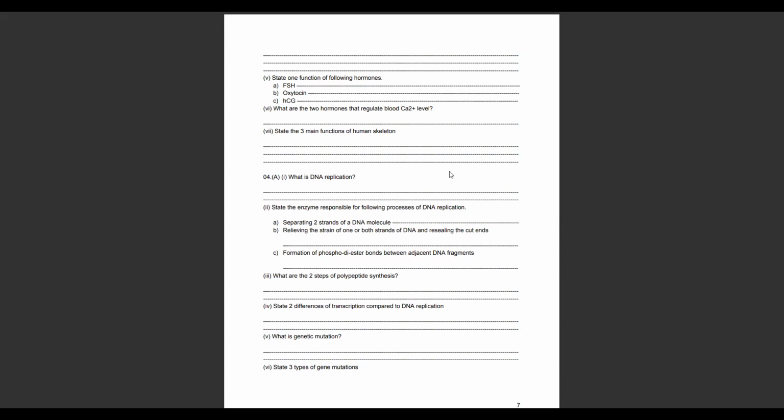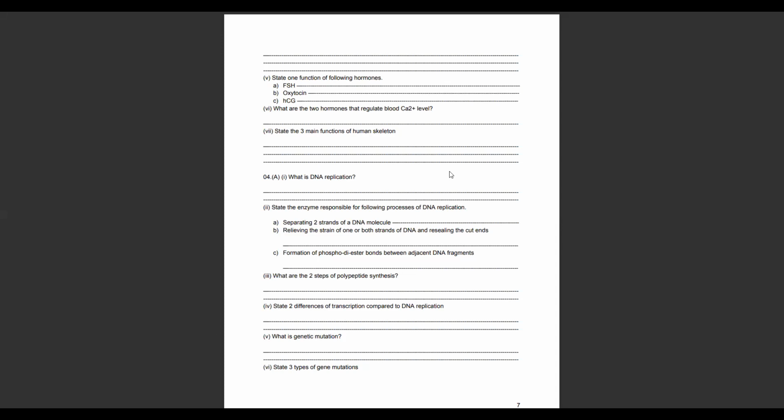Roman number 2, part A. We have to write down the enzyme responsible for those processes. Separating two strands of DNA molecule, that is done by DNA helicase.